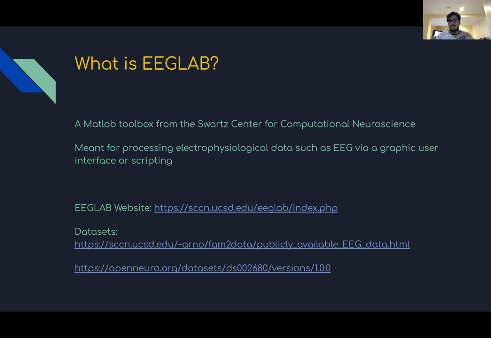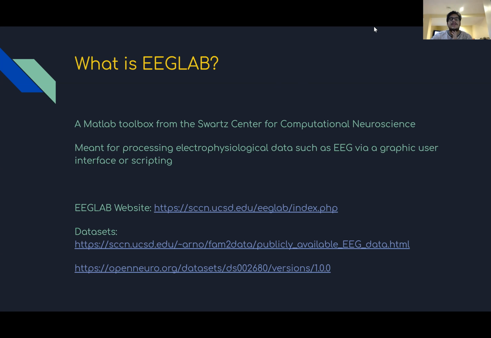You can do it via a graphic user interface if you're not really used to MATLAB, and that's what we're going to be doing for this tutorial. Or you can also do it in scripting, which is actually writing out your code and what you want to do with the EEG data. That's pretty out there, but we might get there.